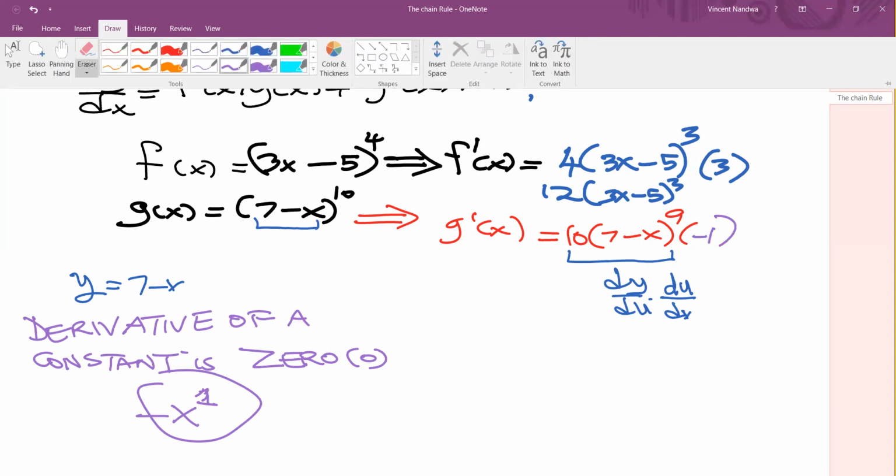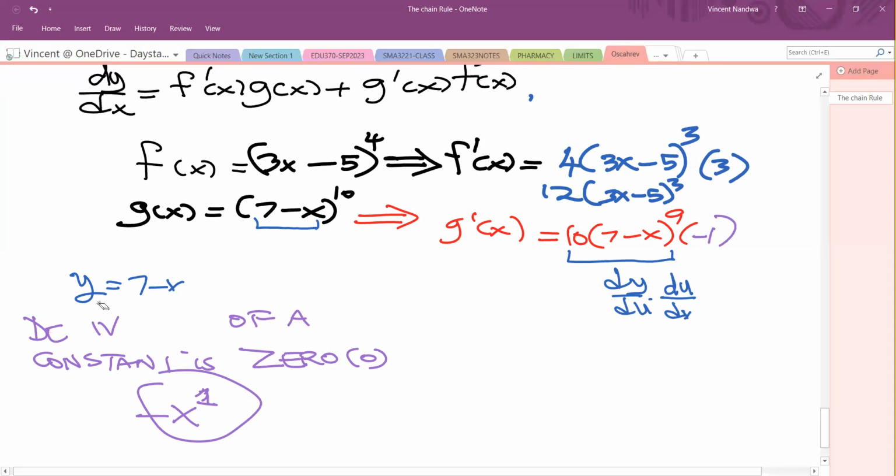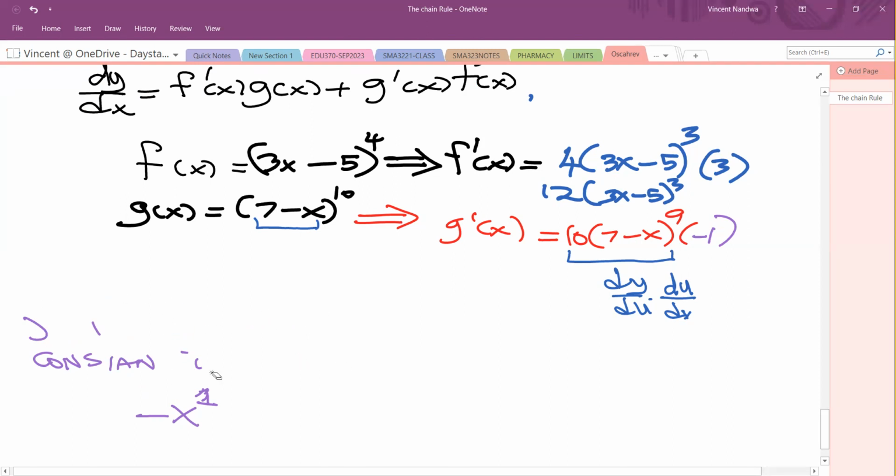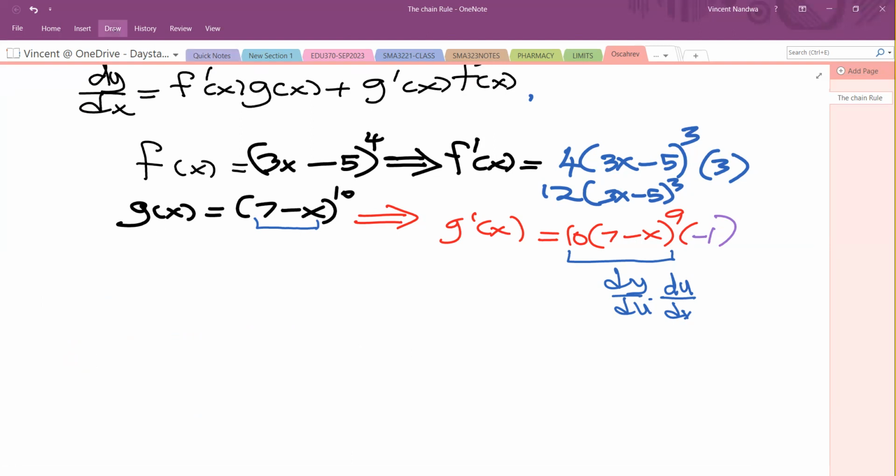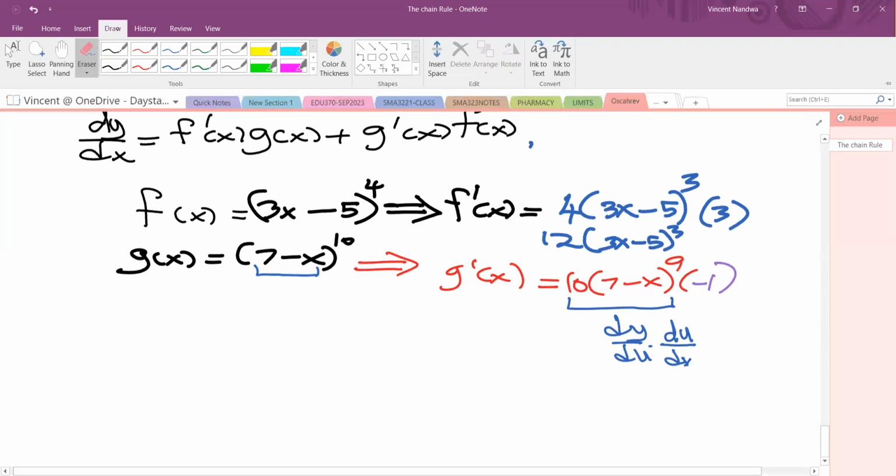Yeah, so then now we can replace. Put everything in the formula accordingly.